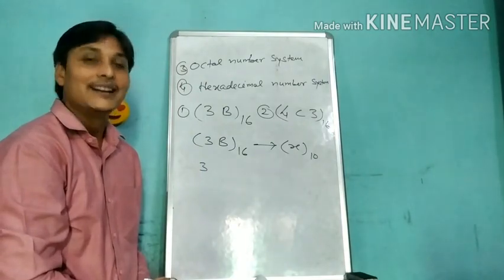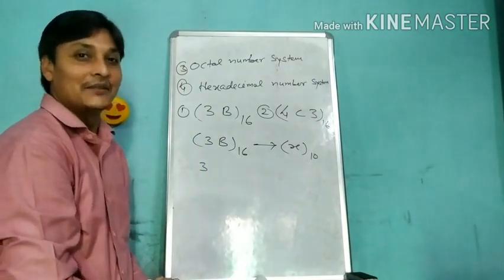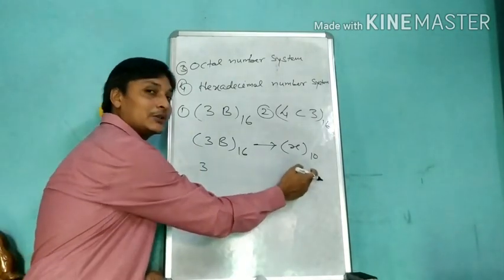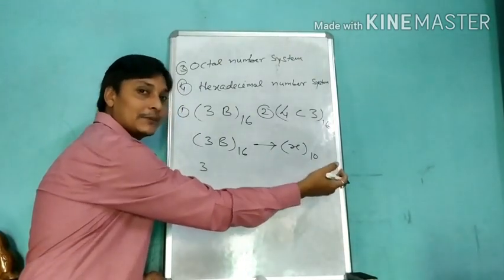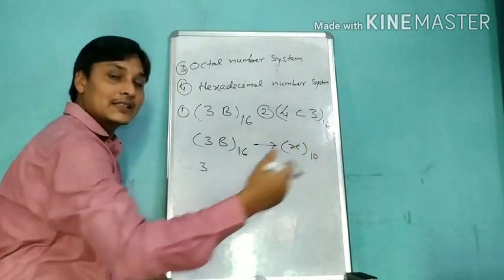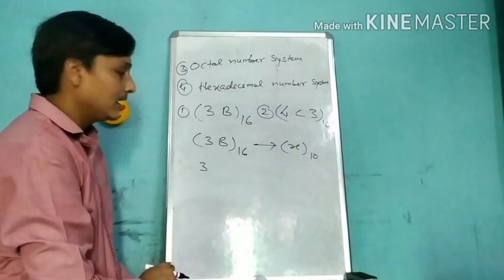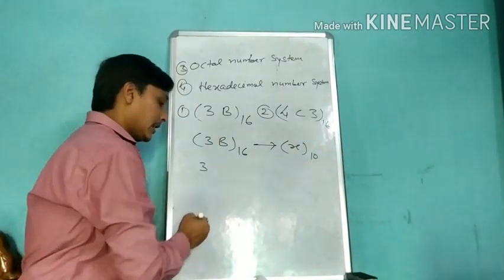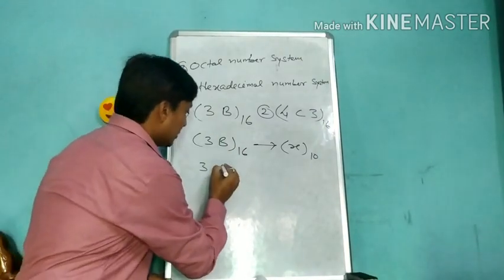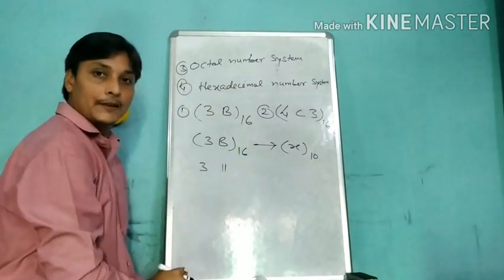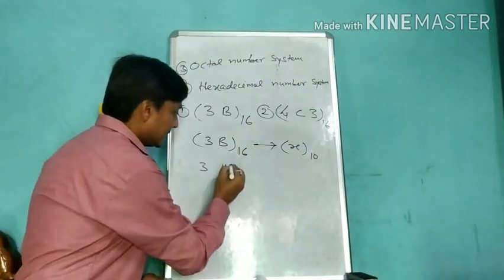No. The value of B is 11. I had written A equal to 10, so 10 is represented by A, 11 by B, C by 12. Fine. So the value of B will be 11. Any problem? You may write like this also.